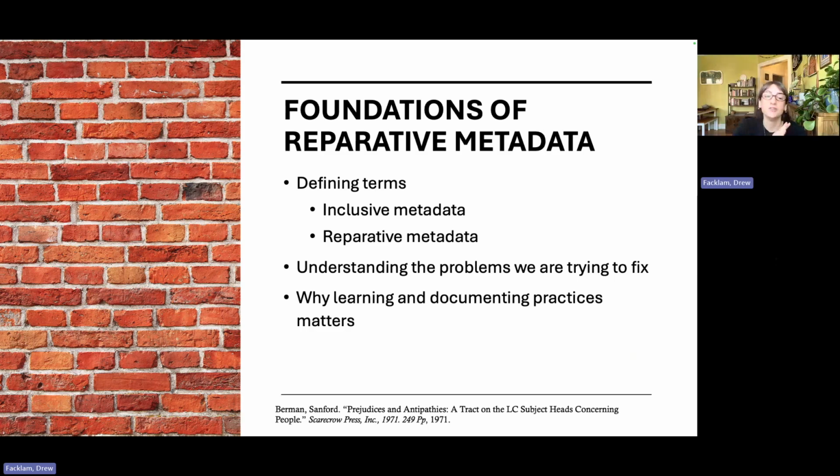Reparative metadata addresses and corrects existing harmful or biased description. This acknowledges historical harm is embedded in archival and special collections and their descriptions, and it works to remediate problematic language and systemic bias in legacy metadata.